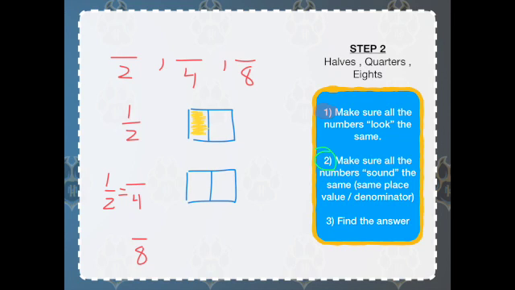So I'll start with the 1/2 that I built at the beginning. And then if I see the relationship between 2 and 4, which is double, that relationship tells me that if I want to take the picture I've drawn representing 1/2 and change it to represent quarters, I will need to cut each piece into 2.